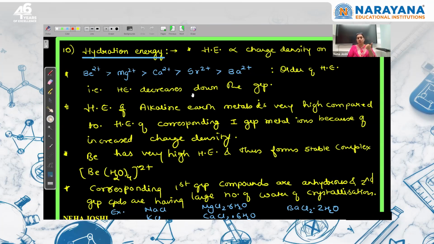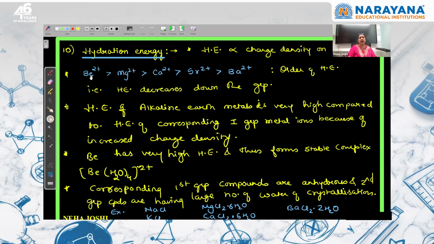Those were uni-positive and second group is di-positive. So charge density is increasing. So yes, they will show relatively much higher heat of hydration. Is that absolutely clear? So they will show high heat of hydration, but still down the group, it decreases.